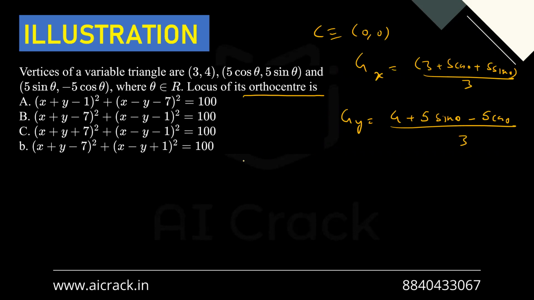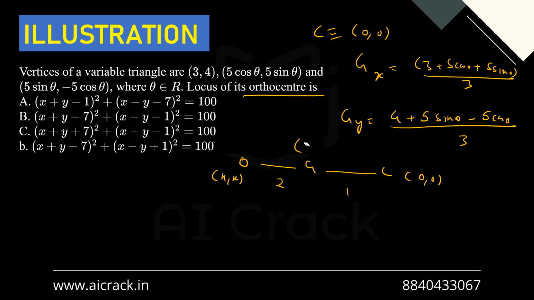Now let's use the condition for O, G, and C. This is 2 and this is 1. So basically G is dividing the line in the ratio 2 is to 1. Now O is basically (h, k), because that is the variable point we have to consider for finding the locus, and C is (0, 0). So based on these 2 points, we can find the values of Gx and Gy.